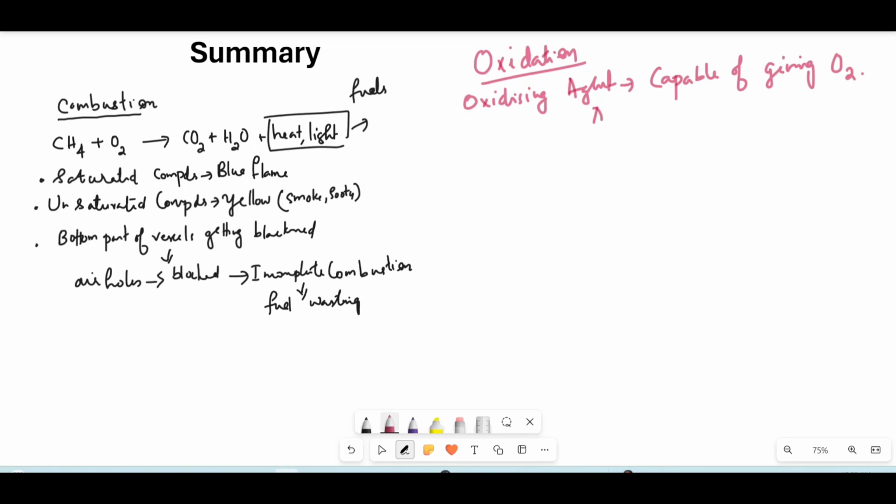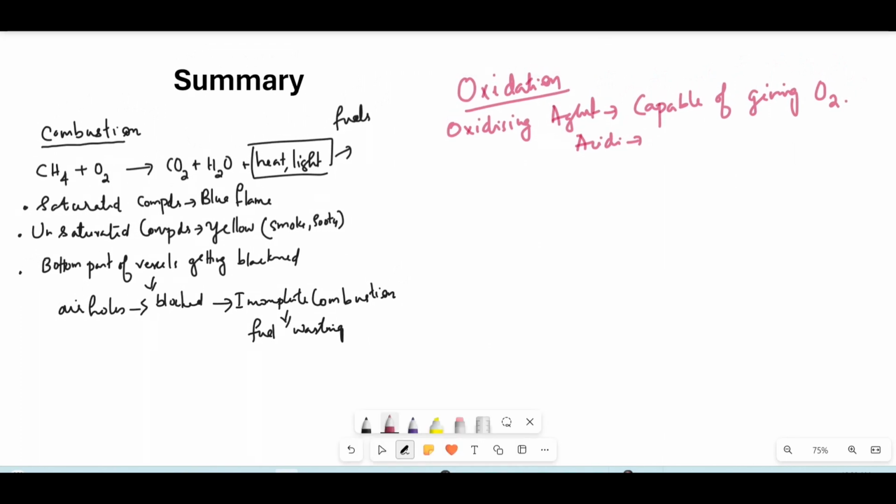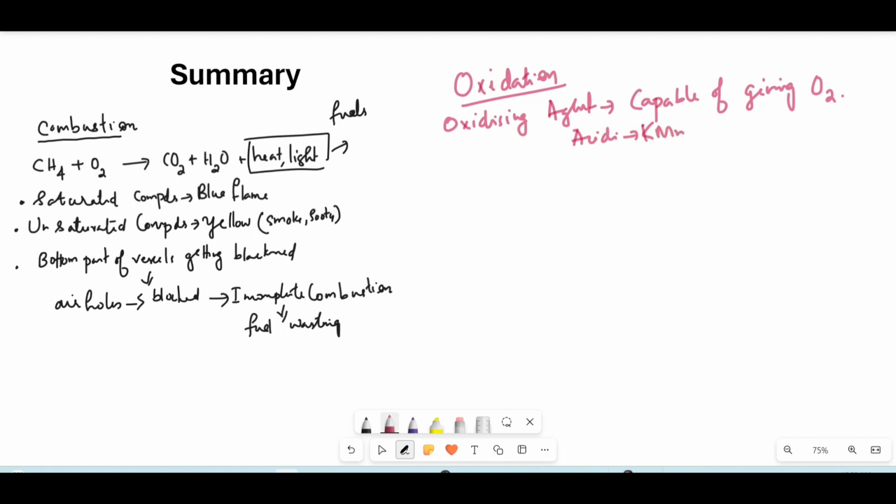We studied acidified KMnO4, or you can give alkaline KMnO4, and acidified potassium dichromate, K2Cr2O7.